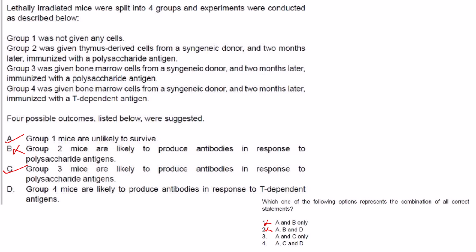Now group 4 they are given bone marrow cells. So T cells and B cells are produced. The T and B cells can cooperate together to produce antibodies. So what they have told here in D statement, that is group 4 mice are likely to produce antibodies in response to T dependent antigens is correct.